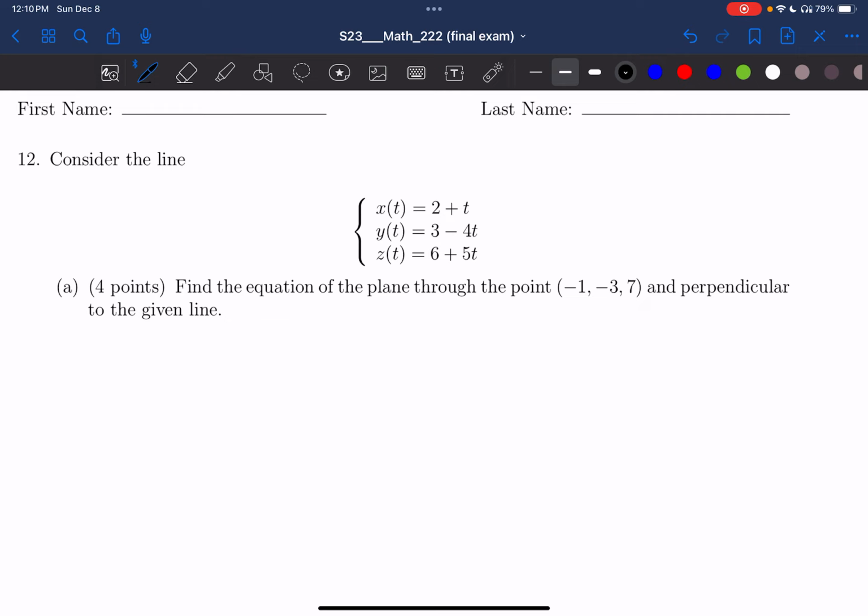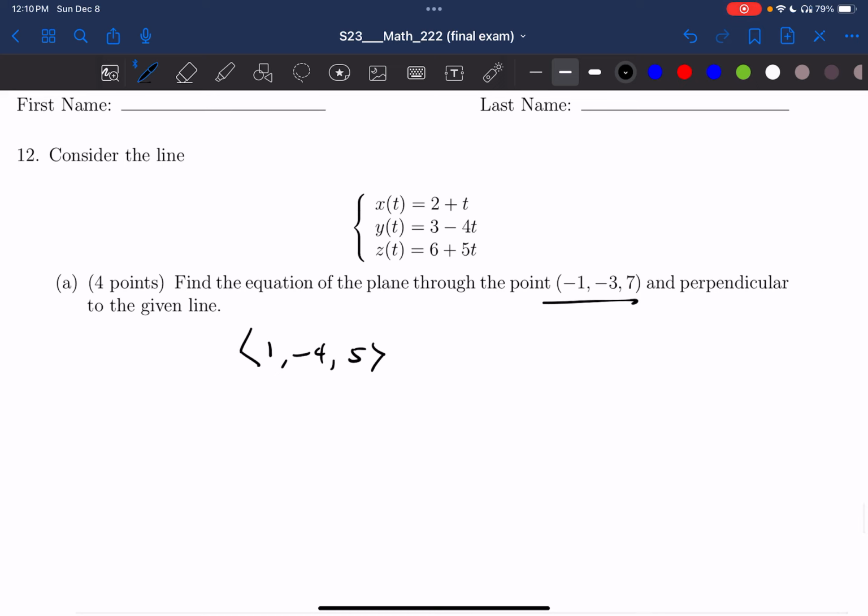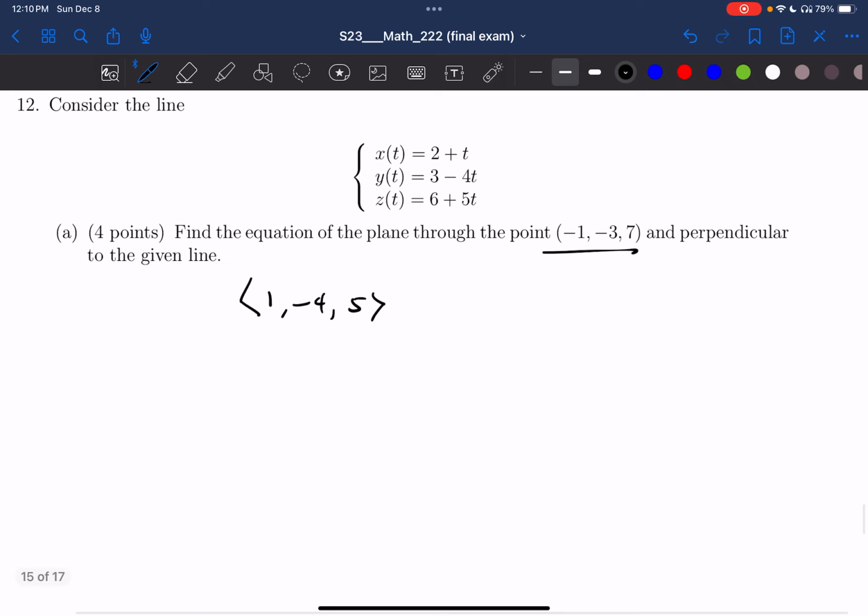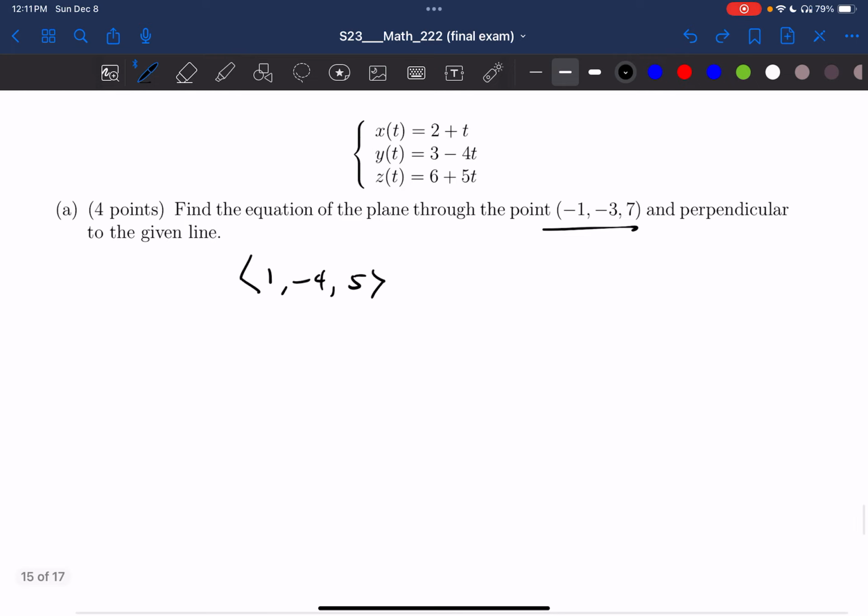Okay, so the direction of the line is going to be 1, -4, and 5. The plane is going through this point. And since it's perpendicular, we know the dot product is going to be 0. And the plane is going to be through this point with the normal being this. So we can just write the equation.